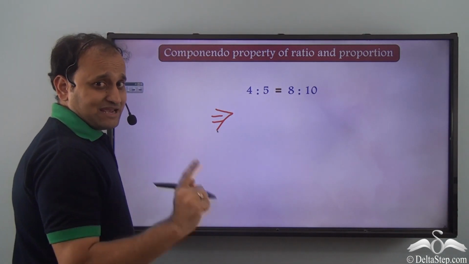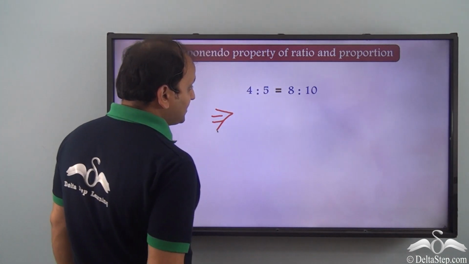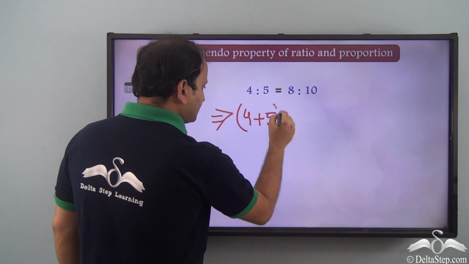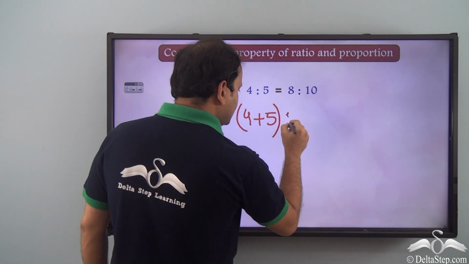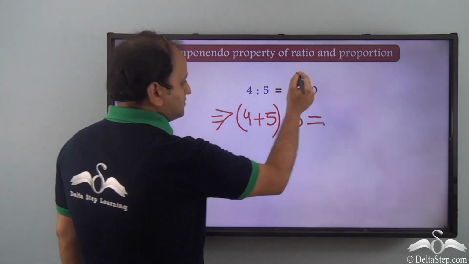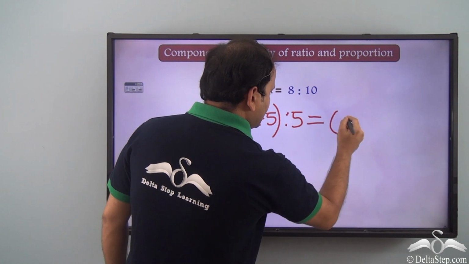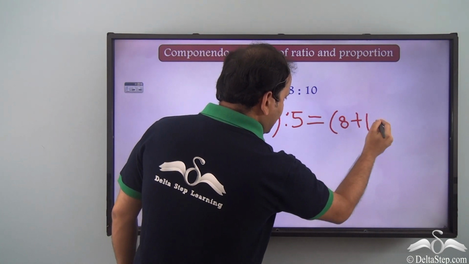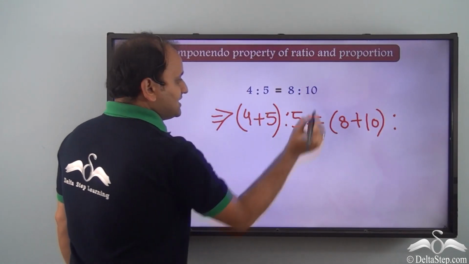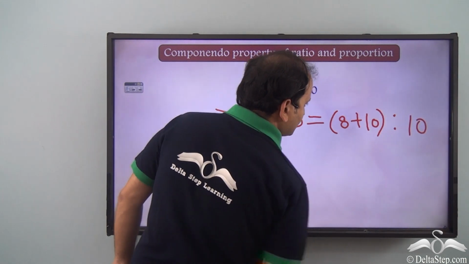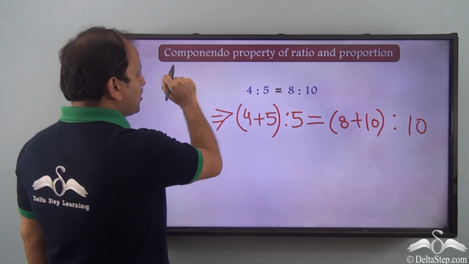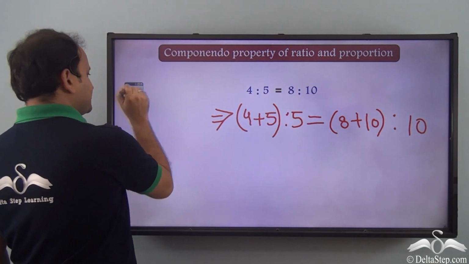Componendo property mentions that 4 is to 5 can be written as 4 plus 5 is to 5, which will be equal to addition of these two terms, 8 plus 10 is to the second term, 10. So this is how we will represent this if we apply componendo property of ratio and proportion.